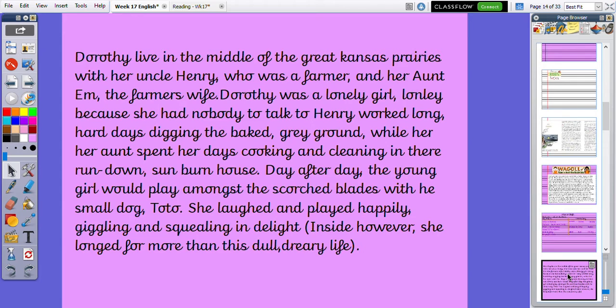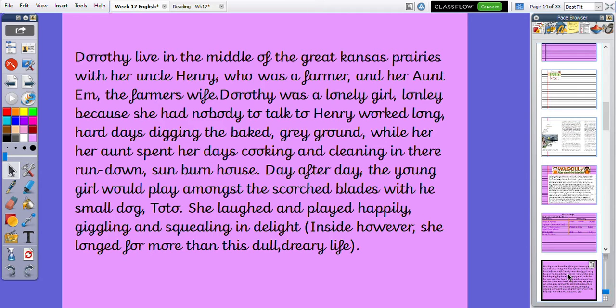Okay, so here is my draft. So I'm going to read through my draft and just check that I've got those points in there. Dorothy lived in the middle of the great Kansas prairies with her Uncle Henry, who was a farmer, and her Aunt Em, the farmer's wife. Dorothy was a lonely girl, lonely because she had nobody to talk to.